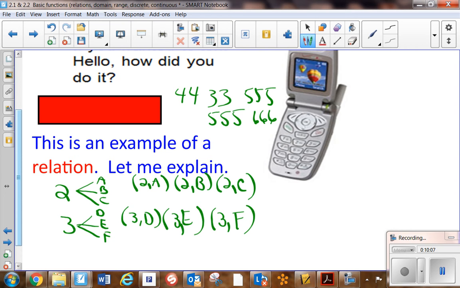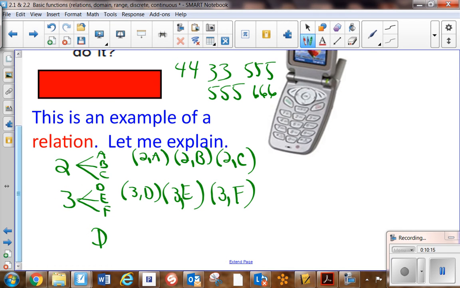What would be the domain of this relation? Which are what? 2 and 3. So if I just stuck with numbers 2 and 3, my domain would be 2 and 3. Usually you put them in set notation, but kids have a hard time with set notation. What would be my range?